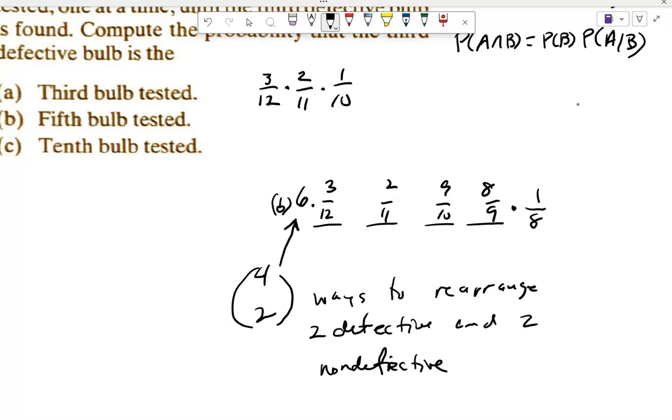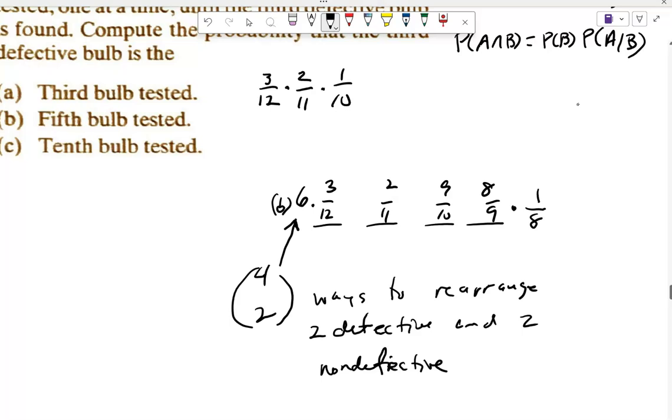Okay. This is not quite a distribution that we're going to talk about later, but almost. If these were all the same probability every single time, rather than going down each time, this would be an example of what we refer to as a negative binomial distribution. We'll talk about that in the next chapter.